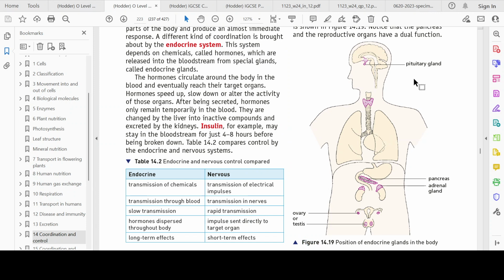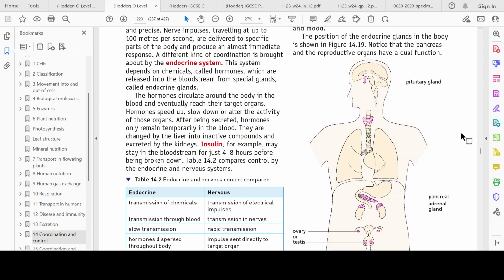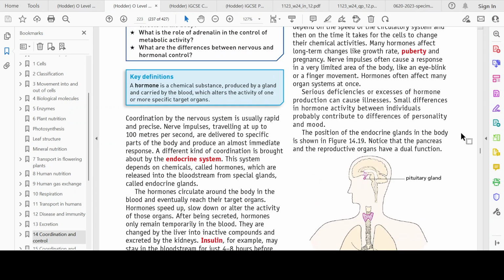Deficiencies or excess of any hormone is not a good thing, right? And so that could cause illness. Slight differences between individuals in hormone levels can cause individual differences, which are not necessarily a deficiency or an excess or a cause for an illness, right? So between myself and another person, our levels of hormones will most likely be different.